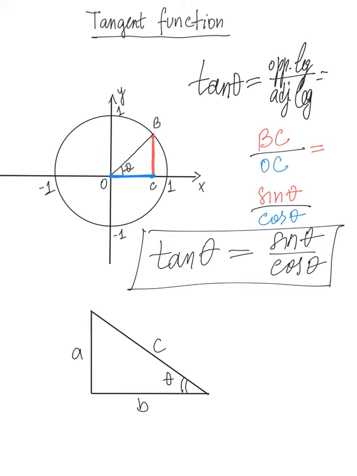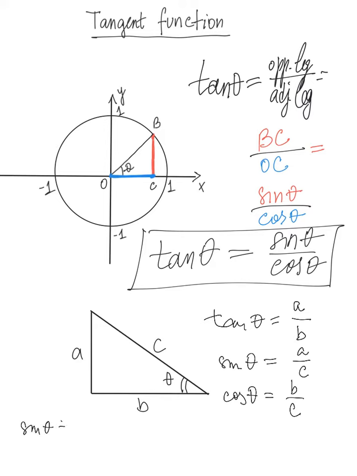Let's look again at why this makes sense. We know that tangent theta for this triangle will be opposite leg, which is A, over adjacent leg, which is B. We know that sine theta in this case will be opposite leg A over hypotenuse C, and cosine theta equals adjacent leg B over hypotenuse C. So if we divide sine theta by cosine theta, we have to divide A over C by B over C, which means we multiply A over C times the reciprocal.